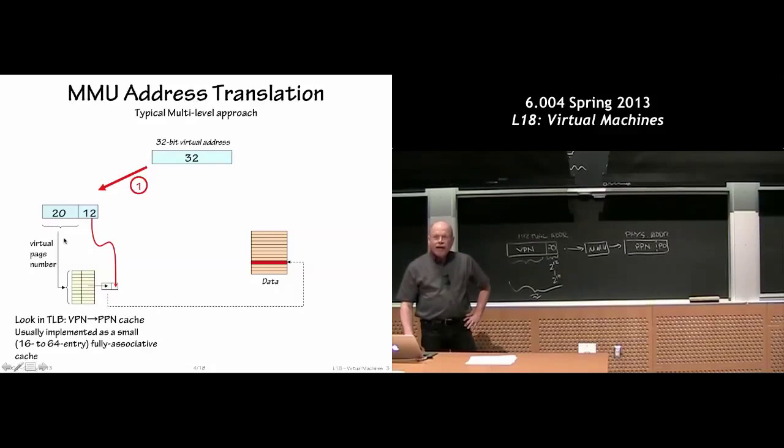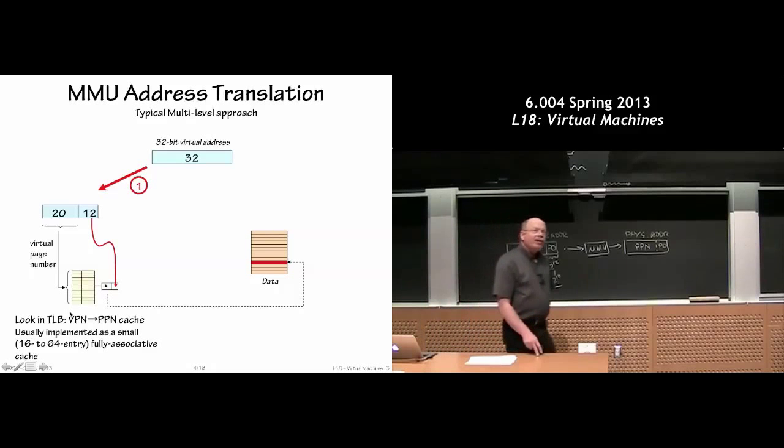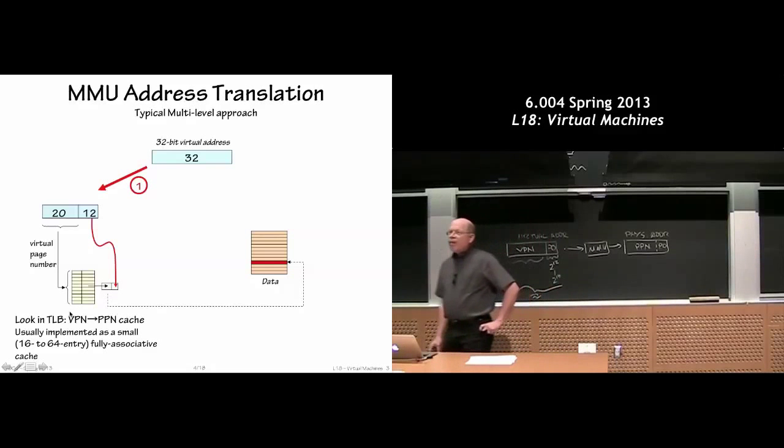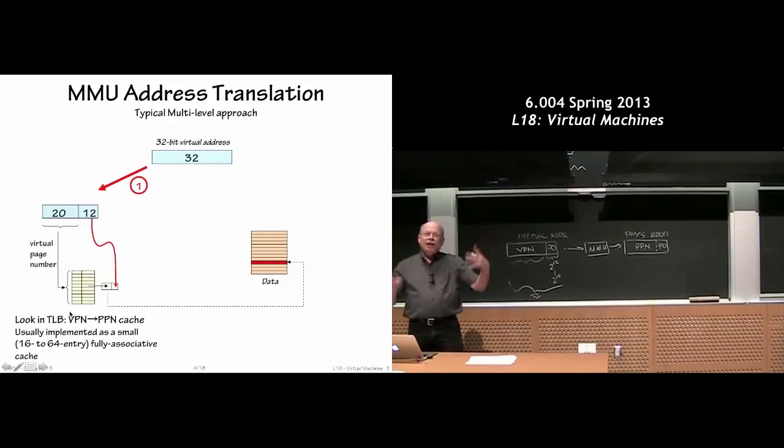This typically happens quite quickly, and it's like a fully associative cache. It can be a 16 entry or 64 entry fully associative cache, and it will have very, very high hit rates, because once we start dealing with a particular set of virtual pages, we're likely, for many, many accesses in a row, to access the same virtual page.